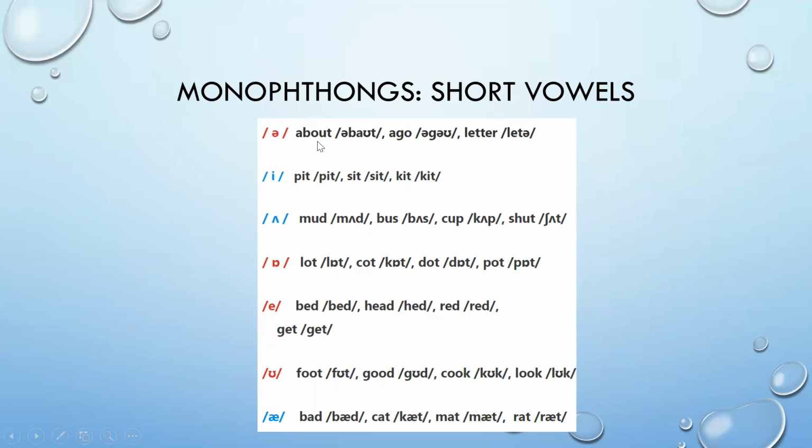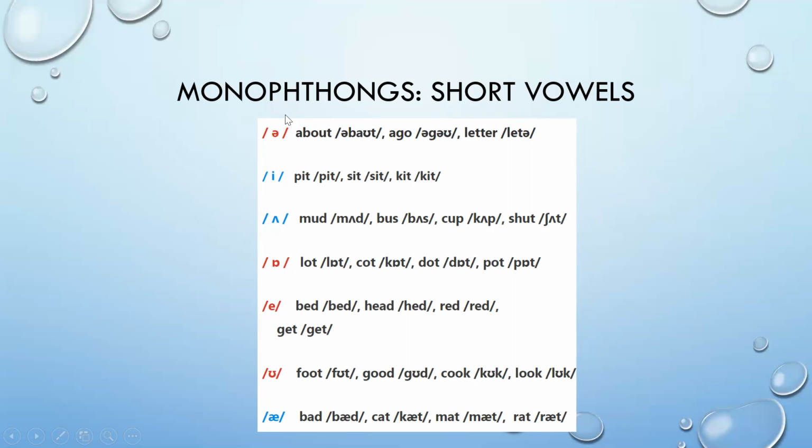The first examples for this sound are schwa as in about, as in ago, as in letter. We don't stress it in ago, right? And the letter, do we pronounce the R? The R sound is silent, so we say letter.